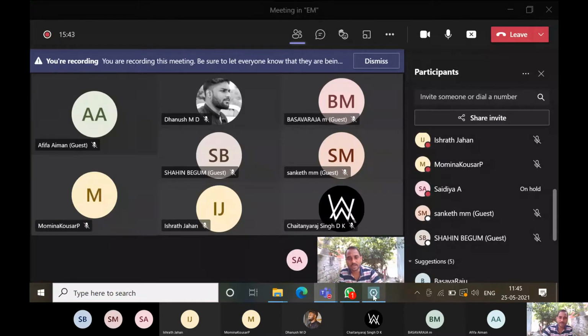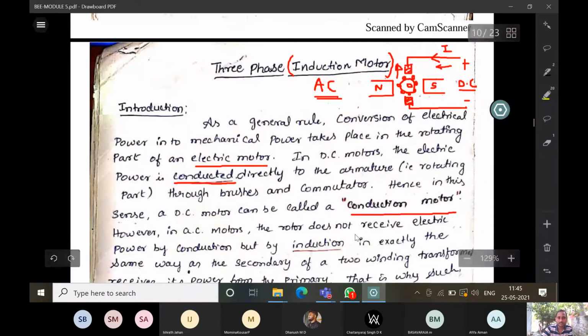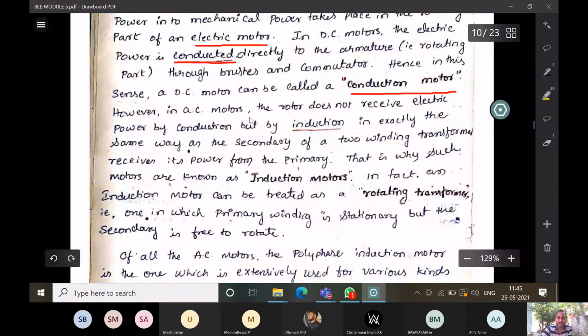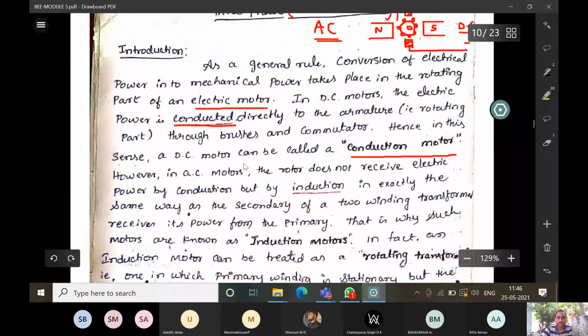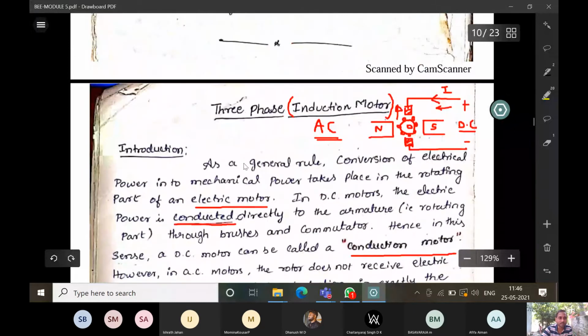In the same way, in an AC motor, the rotor does not receive electric power through conduction. In an induction motor, you have a rotor and stator coils. So three coils R, Y and B. This is the R coil, the stator coils.